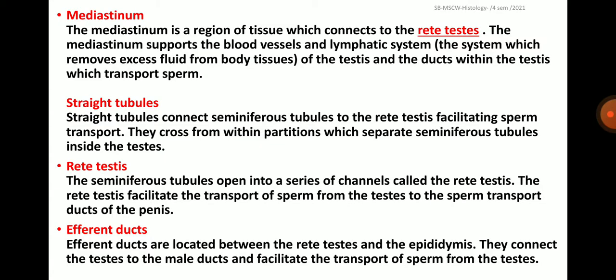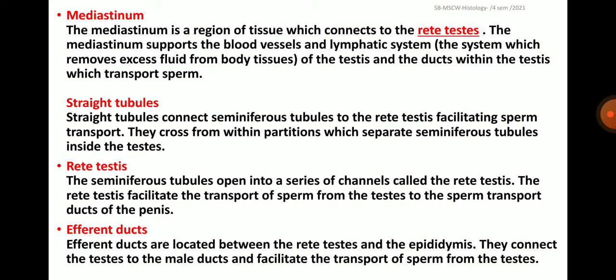I just said there are 200 to 300 lobules in each testis, and in each lobule there are 1 to 4 convoluted tubules. These are called seminiferous tubules that are closely packed in the stroma of interstitial connective tissue. What is meant by stroma? Stroma is nothing but the basic internal structural framework of the organ.